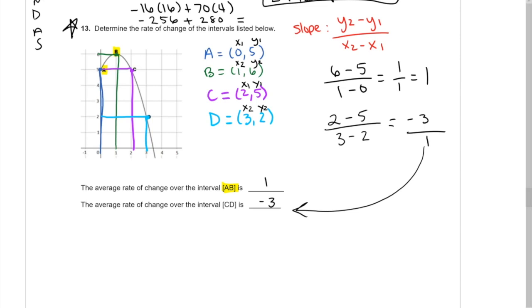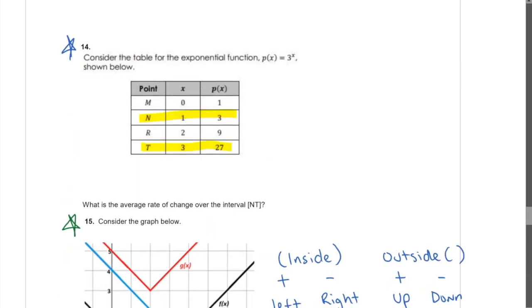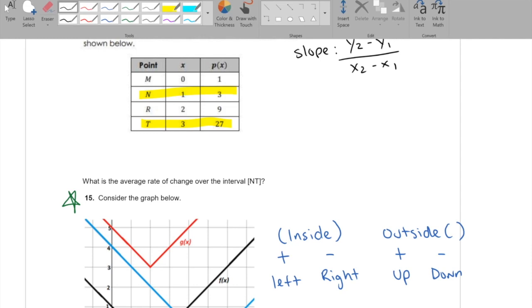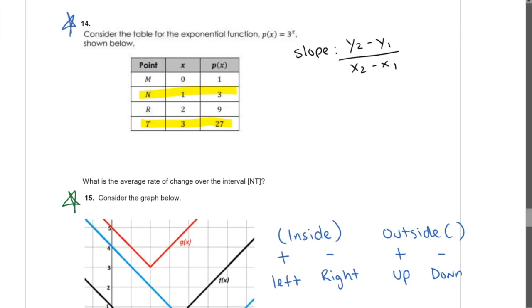Okay. Moving on to number 14. Number 14, pretty much the same thing. I'm going to use my slope formula, and that's y2 minus y1 over x2 minus x1. All right. I already highlighted the points that it wanted me to use. It wanted me to use n and t.